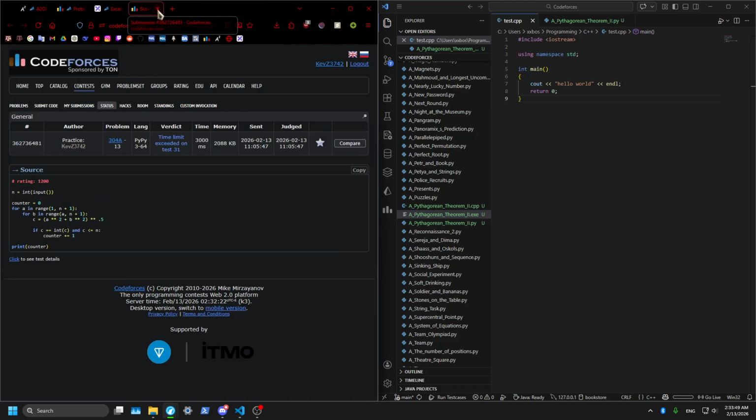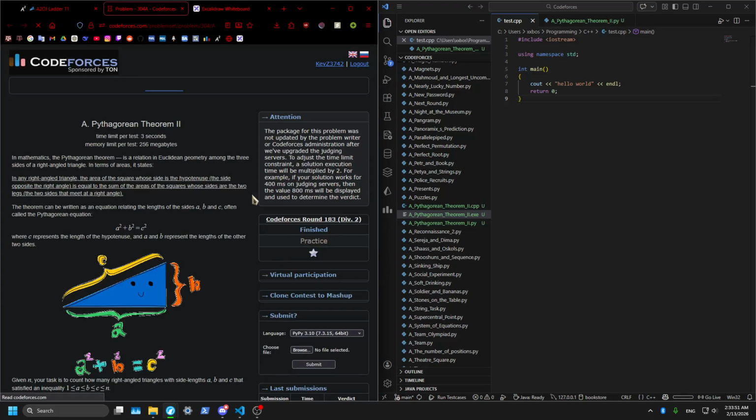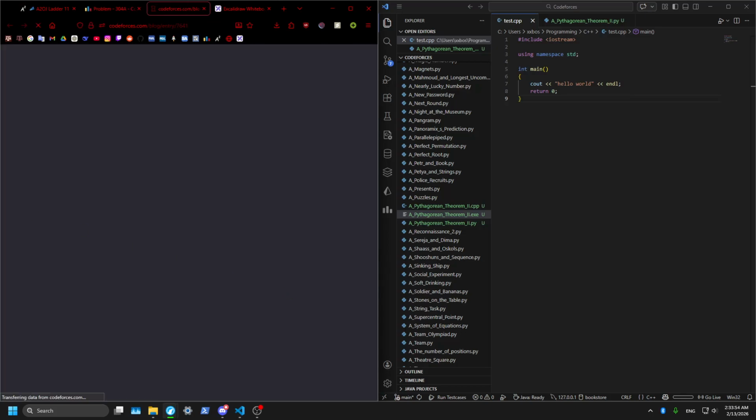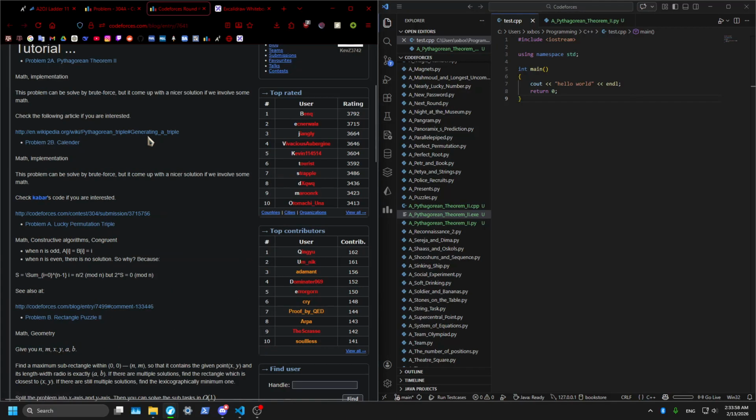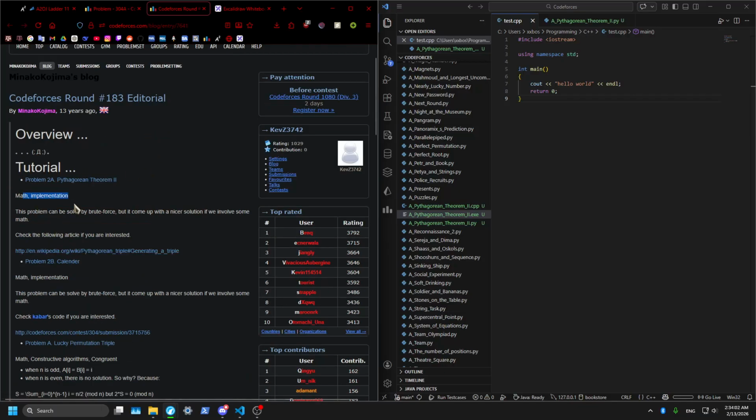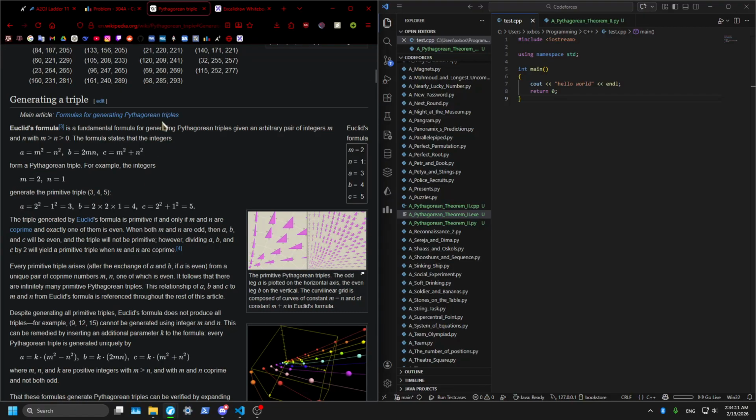So let's look at the editorial. There's no way it's just brute force. Solve by brute force. I can come up with a nicer solution if you involve math. Generating a triple.